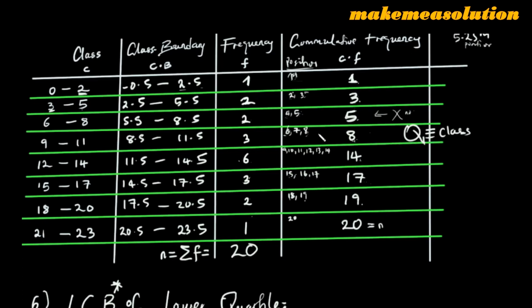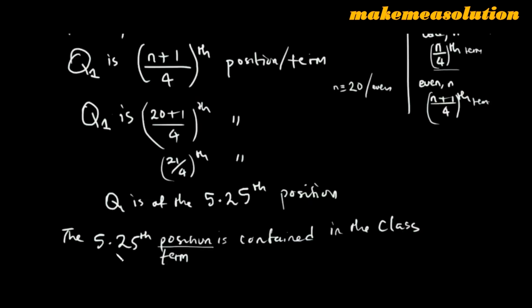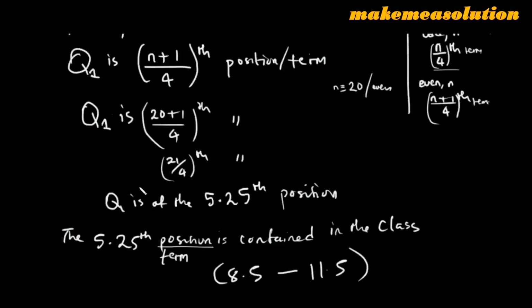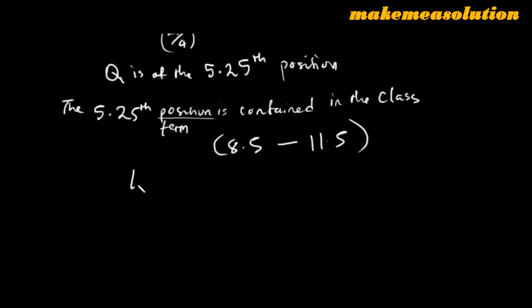So if this is the lower quartile class, you can now easily identify the lower class boundary. Is that okay? So the 5.25 position is contained in the class 8.5 to 11.5, as we can see up here. So it is contained in this class. Then the lower class boundary of that class, LCB of the lower quartile.